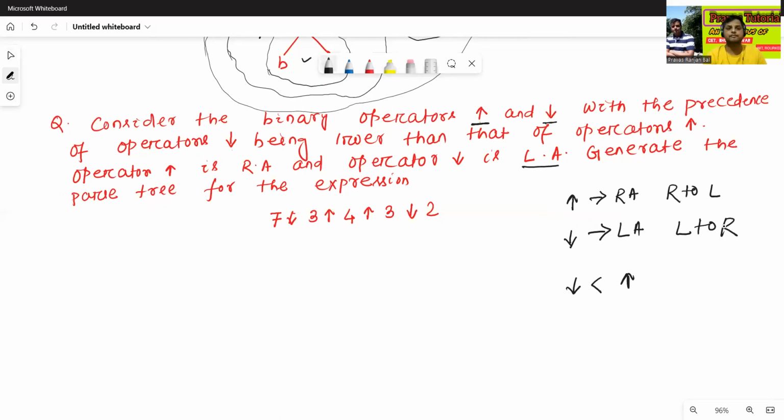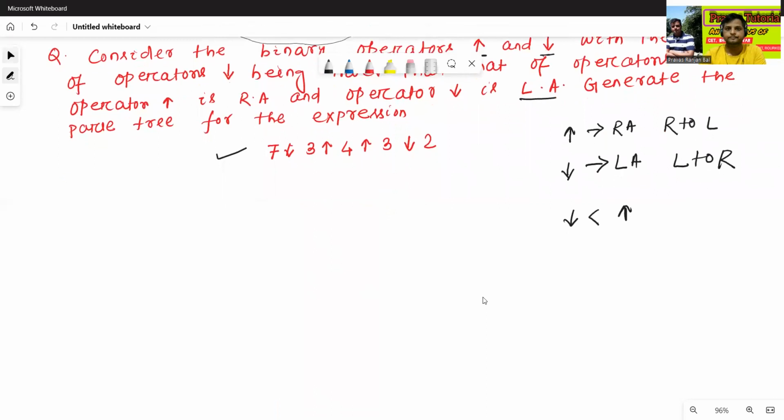Generate the parse tree for the given expression. So we'll find out the parse tree. Let's see how to find it. See, everything is given.